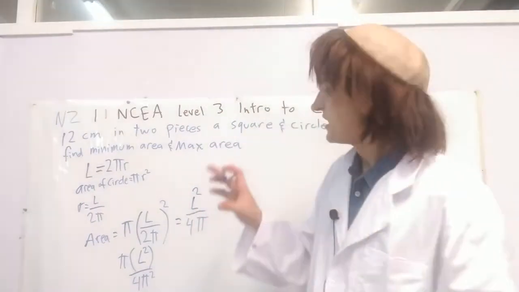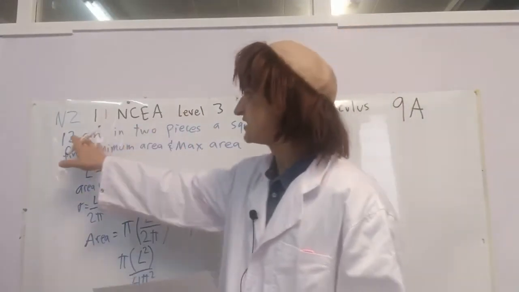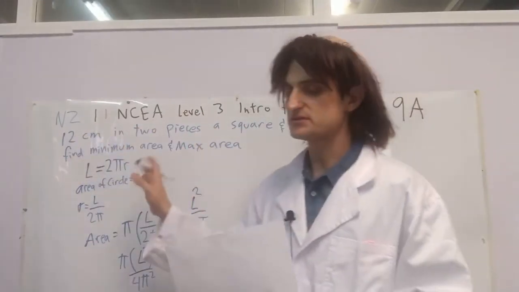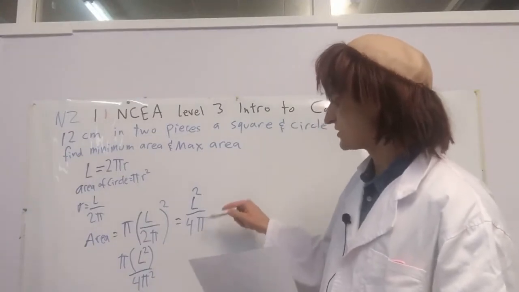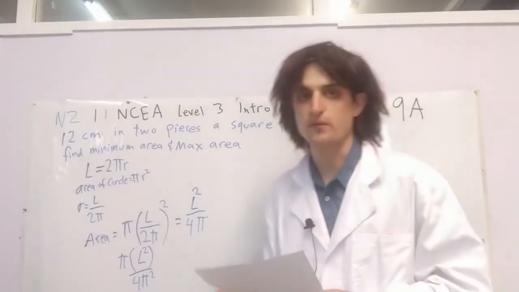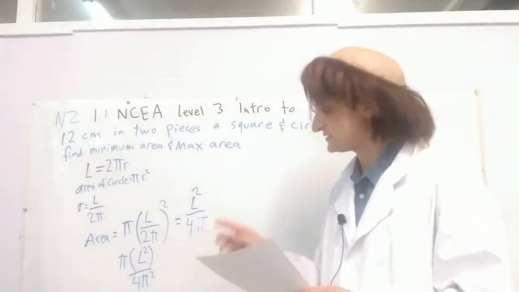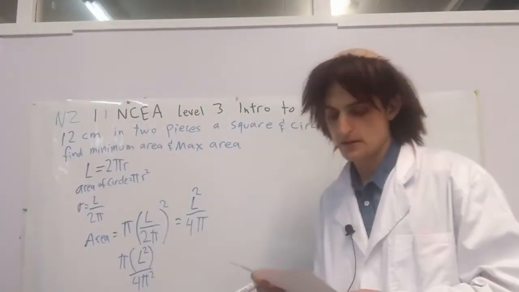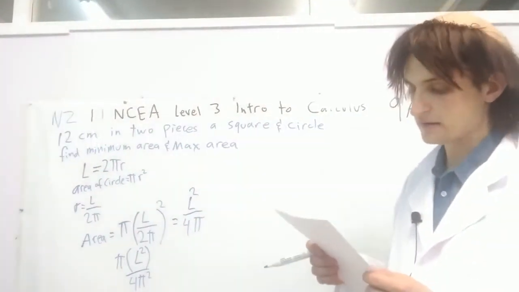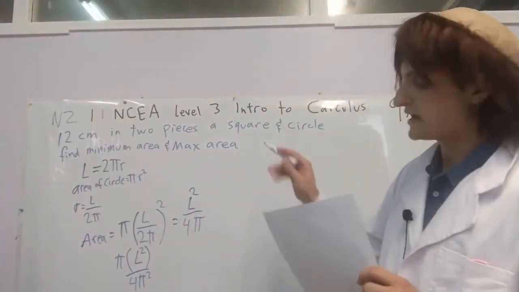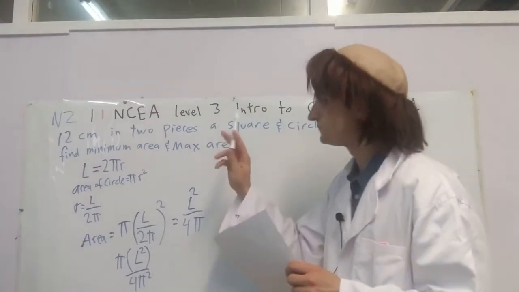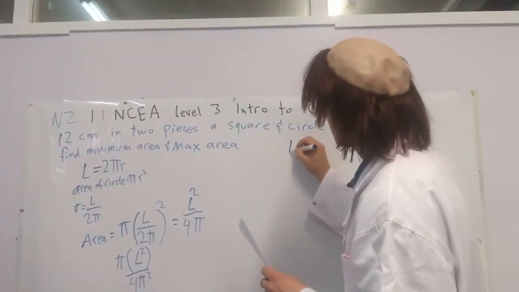This means that however much of our 12 centimeters we devote towards the circle, our area will be L squared divided by 4 pi. This is the area of the circle. Now, for the area of the square, whatever we assign to form the square, let's use our L again.